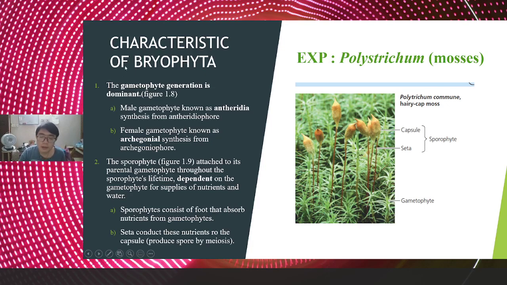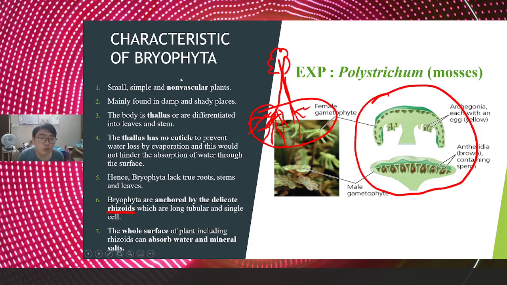So the most important points you have to know for bryophyta: it is a non-vascular plant, the first point, and then it is only found in damp and shady places, and then the body is leafless, and the body does not have a cuticle, and the plant is anchored by rhizoids.